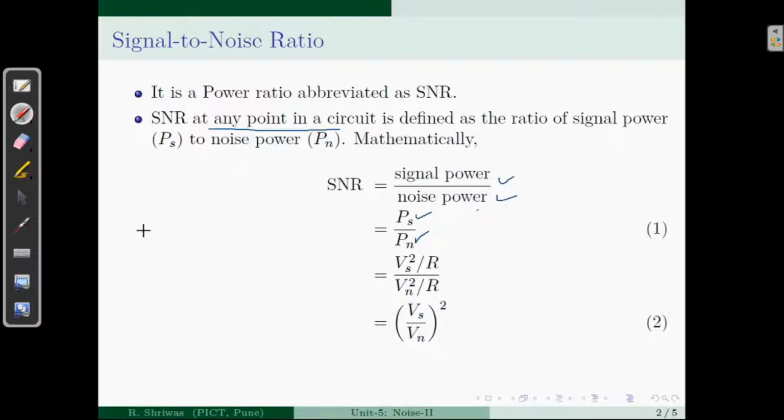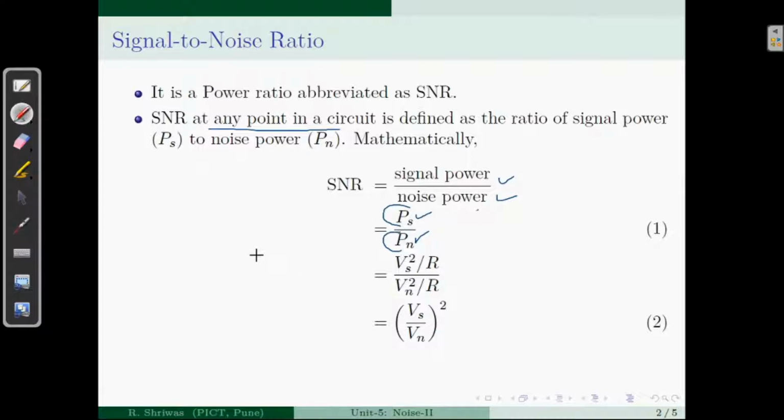Now, at any point in a circuit, if you know the voltage or current of signal and noise, then you can write this signal power and this noise power in terms of signal voltage and the noise voltage, similarly signal current and the noise current.